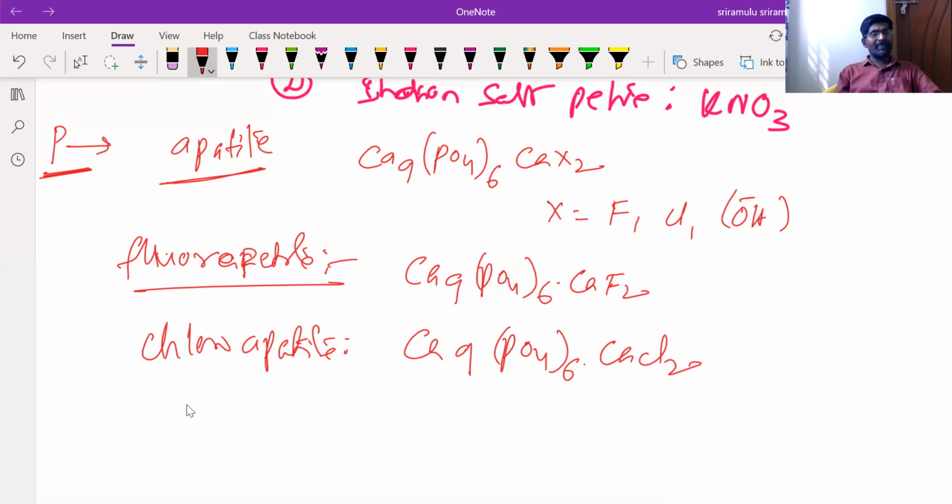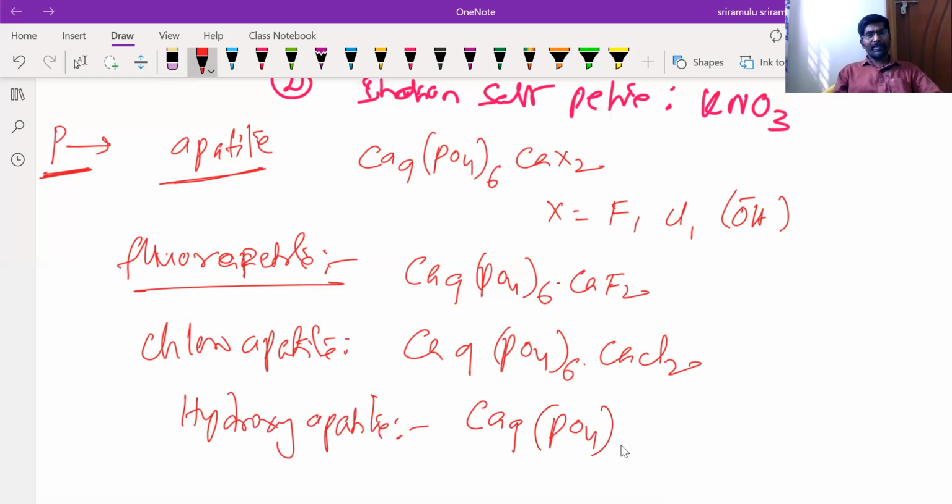And the last one is hydroxyapatite: calcium 9 atoms, phosphorus the same 6 times, and Ca(OH)2. So these are the source minerals of the phosphorus element.